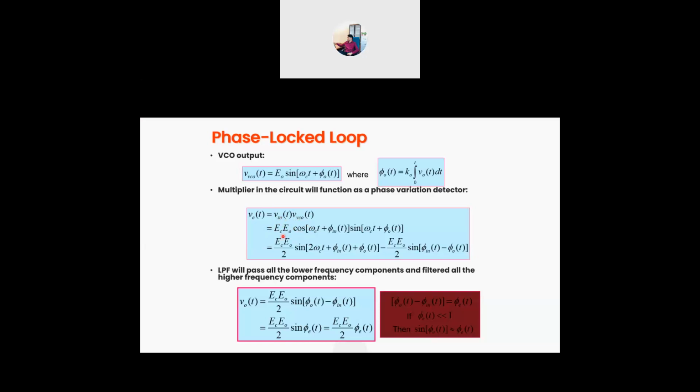V in is EC cos omega CT plus phase in, and VCO is our E naught sine omega CT plus phase naught T. Then you implement the trigonometry identity for cos A sine B, and you get this expanded version. There is a higher frequency component here, which is 2 omega CT.